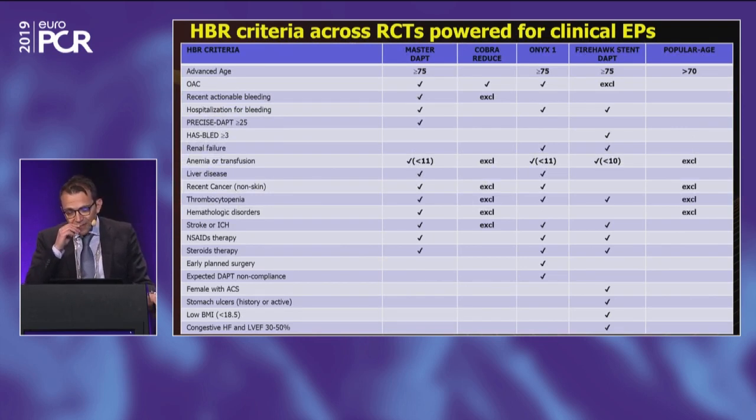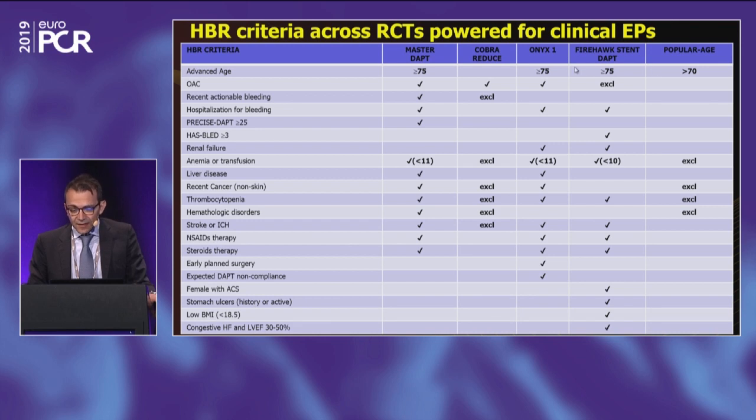Just to give you a snapshot of what HBR criteria all the studies are going for. From one side, we have POPular AGE. Actually, the only criterion is age itself, greater than 70. On the other side of the equation, we have COBRA REDUCE, which is only recruiting patients who are in need of concomitant oral anticoagulation. And then we have the 3 studies, MASTER DAPT, Onyx ONE, and Firehawk stent DAPT, where you do see that the definition of HBR is pretty heterogeneous and based on the fulfillment of at least one of these single individual criteria.